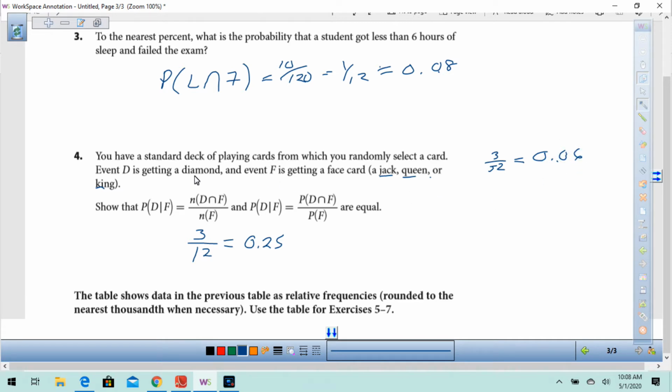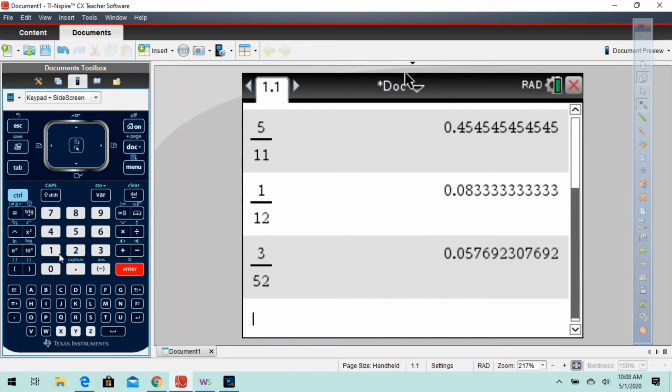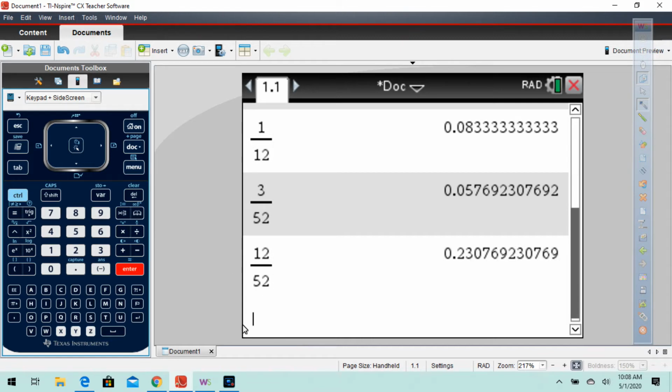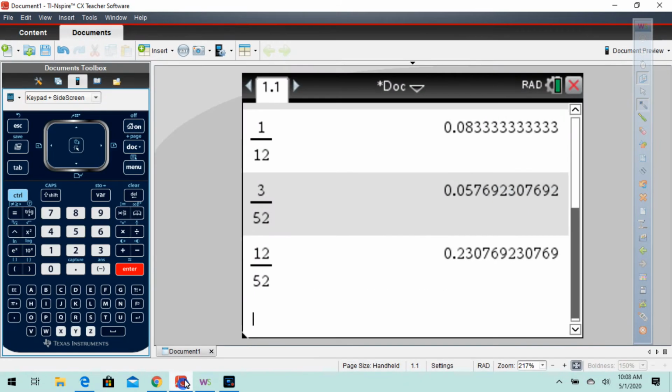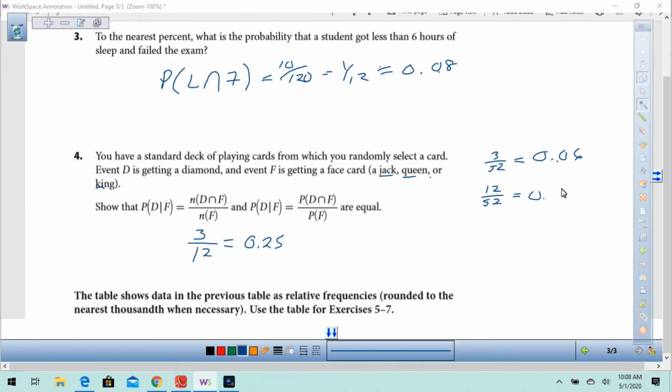And then the probability of a face card: there's 1, 2, 3 times 4, that's going to be 12. 12 divided by 52 is 0.23.